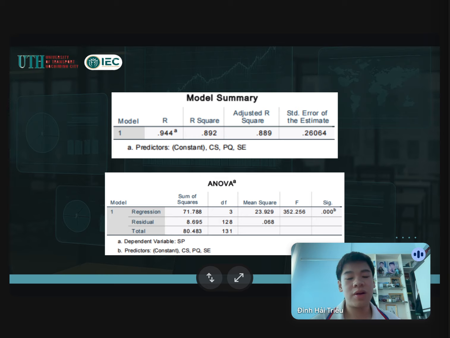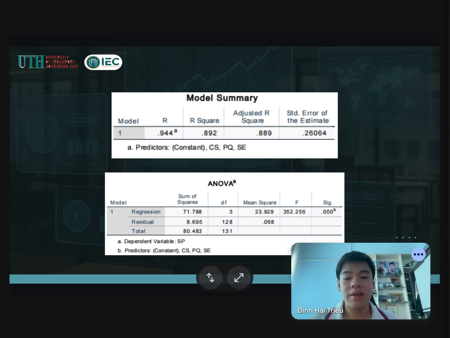Next, we consider the ANOVA test. The regression model is statistically significant, indicating that the three independent variables collectively have a significant influence on service performance. This means our regression model fits the data well.